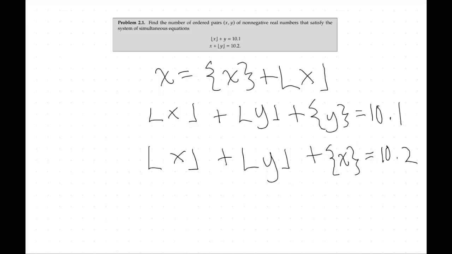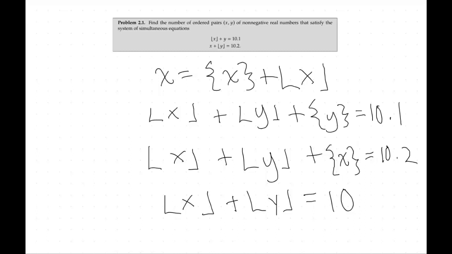Now, since the fractional part must be less than 1, we know that the floor of x plus the floor of y must equal 10. Because think about it. The largest this fractional part could possibly be would be like 0.99999 all the way until infinity.